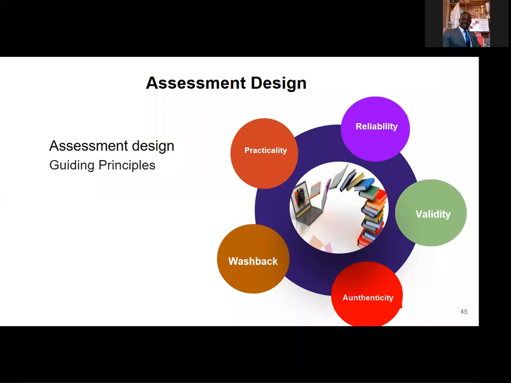Practicality as a guiding principle in designing assessment refers to the time and the cost constraints during the construction and administration of your assessment. So tests should be economical, the format of the test should be simple to understand, and moreover, tests should be able to be solved within a suitable time.